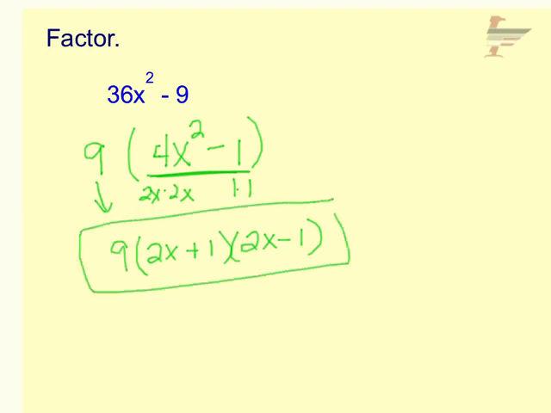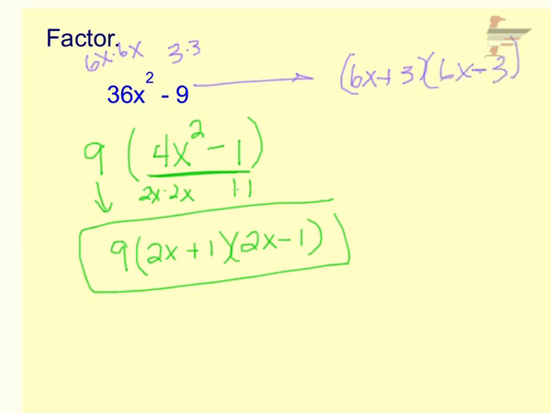Now, if we hadn't done this first step of factoring the 9 out in the beginning, let's just take a look at what this problem would look like, how I originally started it. We said it was a 6x times 6x and a 3 times 3. So 6x plus 3 and 6x minus 3. And the thing that we would now have to catch if we forgot to factor the 9 out in the beginning is these two, you can factor something out of each of these.